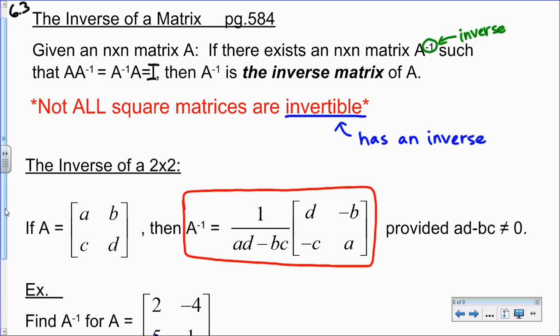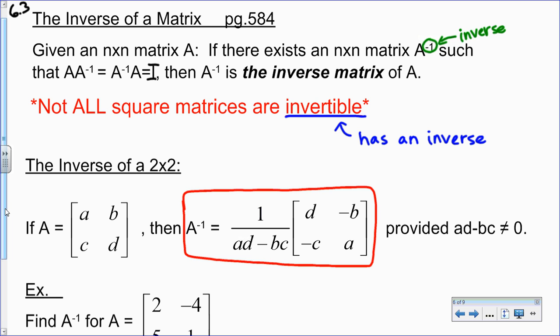And then this is like just a special matrix that helps us find the inverse. So to get that special matrix, you switch A and D. So A and D switch places, and then you do the opposite of B and C. So that's what those negatives do. So you would switch A and D and then do the opposite of B and C.